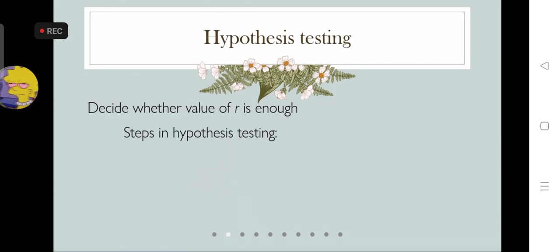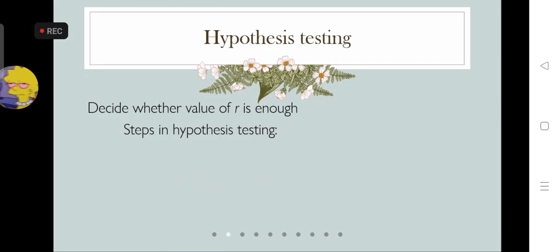So if ambiguous siya, we have to decide whether the value of R is enough to conclude the relationship between values. So para makakonclude ta nga there is relationship between values, mag-hypothesis testing ta. So hypothesis testing is used to decide whether the value of R is enough to identify or conclude that there is a relationship between X and Y variables.